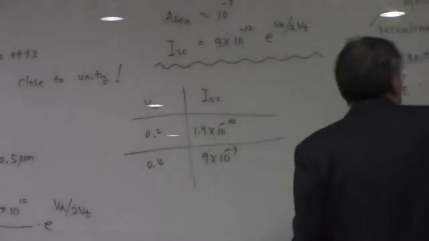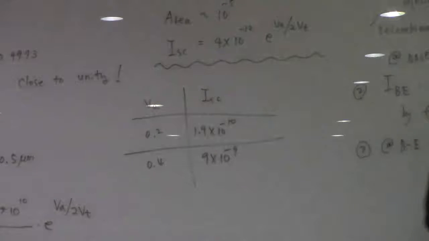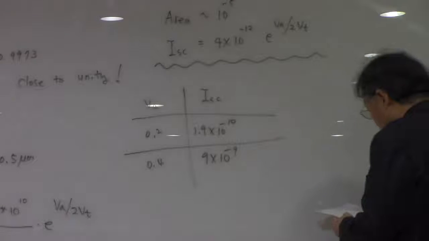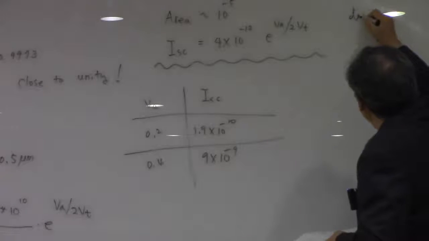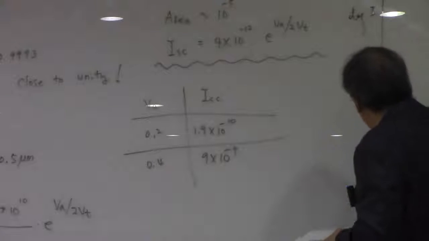Okay, so if you take all those things into account, then the final figure that you can get with bipolar transistors is log current.